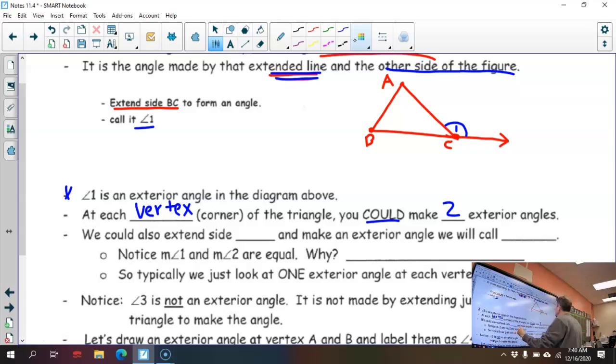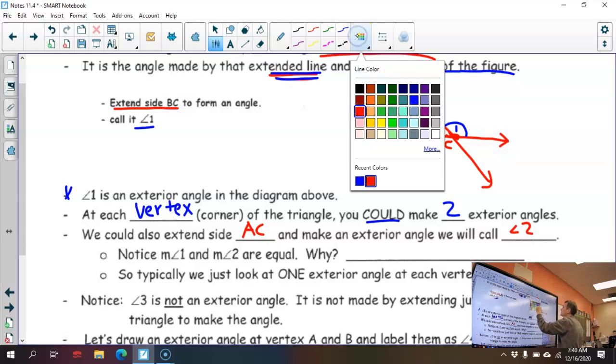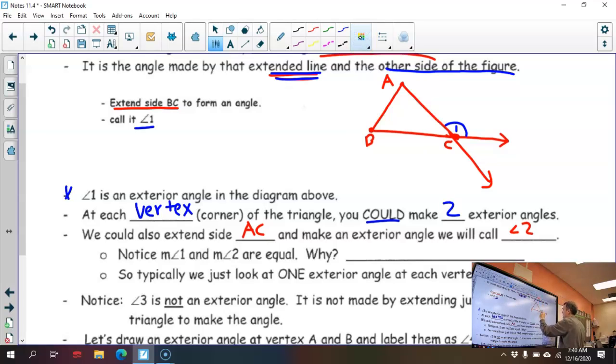We could also extend side AC. So I look at side AC of the triangle, and I extend it and make an exterior angle that we will call angle 2. Where the C is down here, I'll call this angle 2.